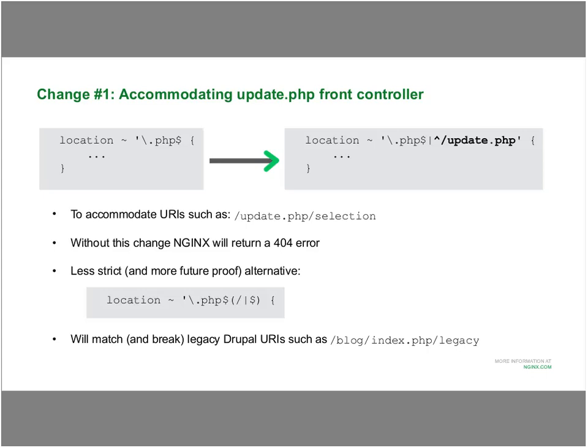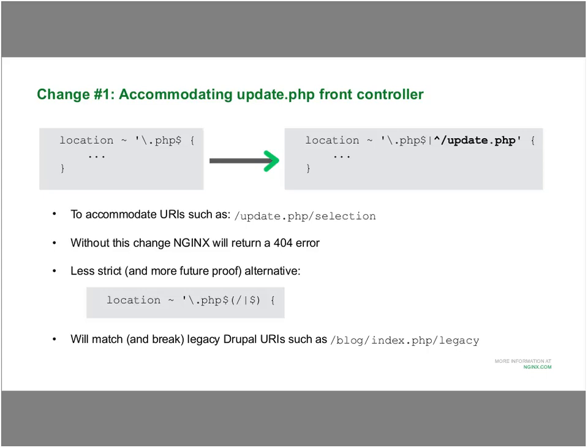And if you notice, for this particular one, the regex there has the $ symbol at the end, which means it's not going to match on anything that has a slash or any sort of directory after the PHP script. So this particular URL, update.php/selection, will not match there, and then the PHP script will not be run. NGINX, without the change to handle this, will return a 404 error.